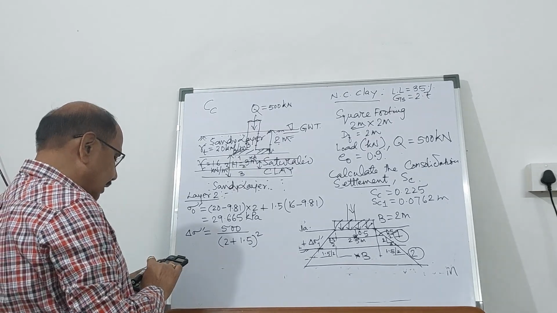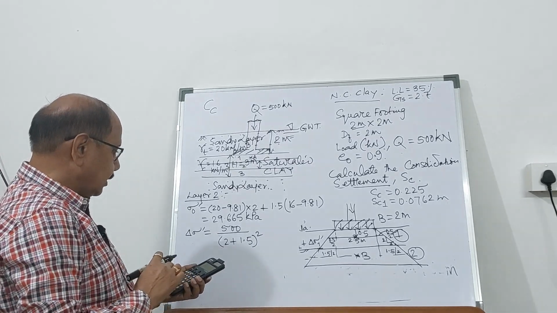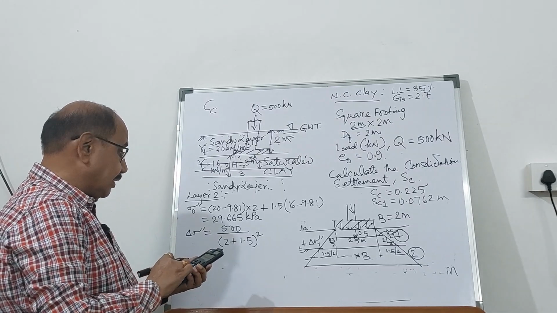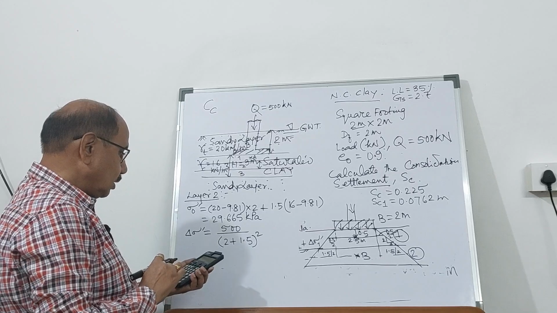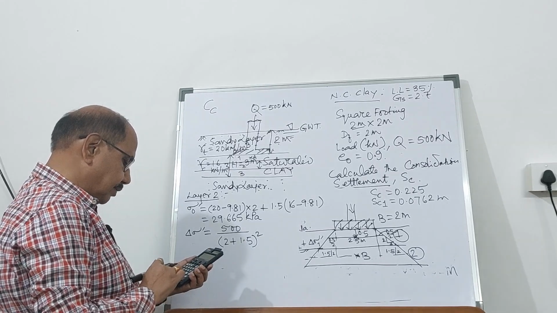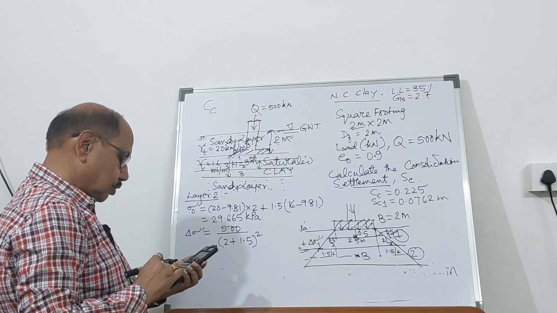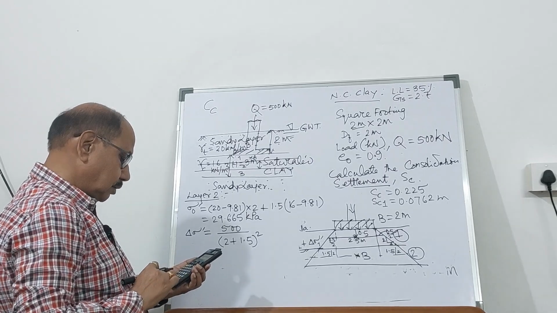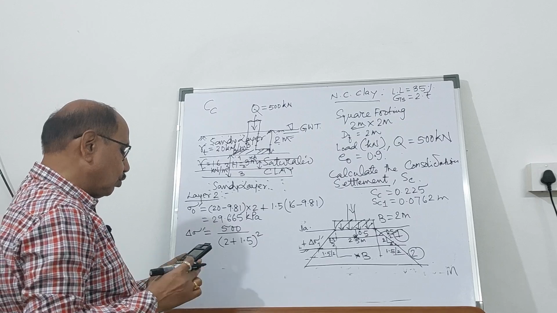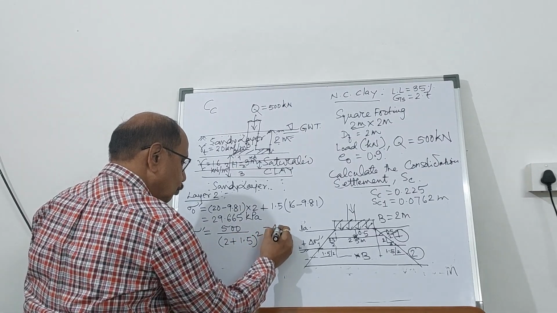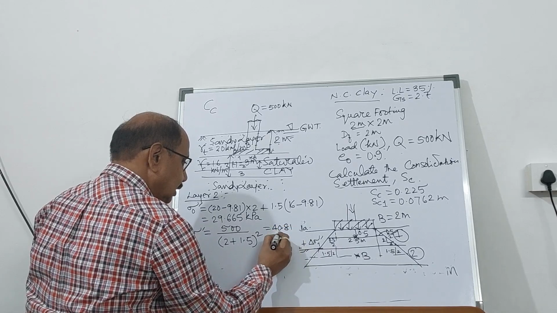So it is quite simple to calculate. 500 divided by 3.5 square equal to 40.81. So this becomes 40.81 kilopascal.